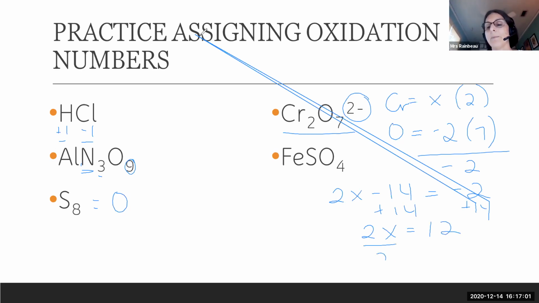And so then you divide by 2, so x equals 6. So that means that the chromium is plus 6. So the chromium is plus 6, the oxygen is negative 2, and that's how we figure out this one, okay? Those are the oxidation charges.